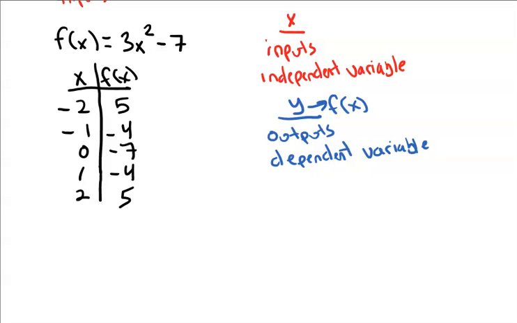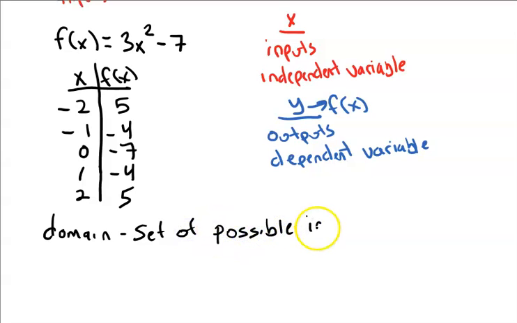The other thing we're going to talk about briefly, and we'll discuss in another video, is the concept of domain and range. The domain we're going to define as the set of possible input values. So you can see in this function, there's no number on the number line I can't square.